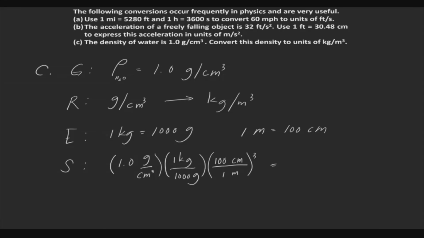We cancel out the unit for gram. Then we multiply our answer by the cube of 100, which is 1 times 10 to the power of 6, and then divide it by 1. Then we cancel out the unit centimeter cube. So we are left with the unit kilograms per meter cube. So our answer is 10 to the power of 3 kilograms per meter cube.